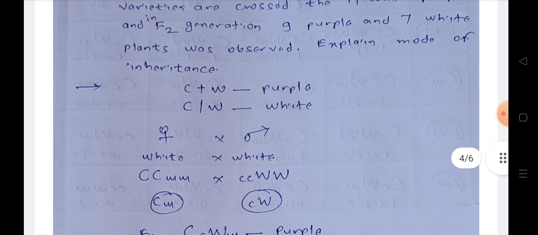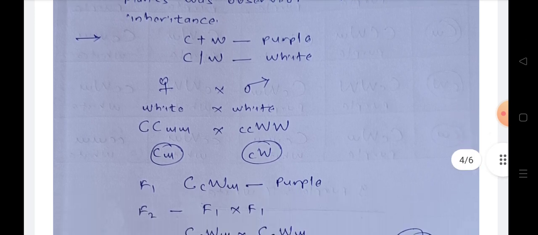So which is the cross? White crosses white. The first parent is female, the second is male. So we can take the genotype. For white, any one of the dominant genes is there.